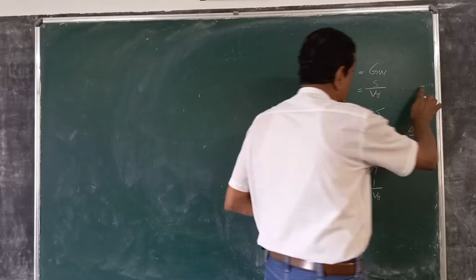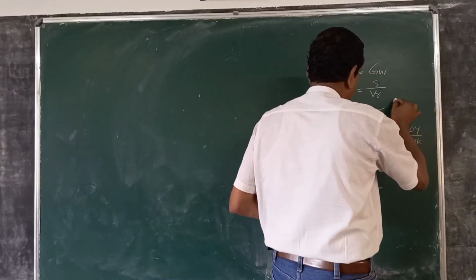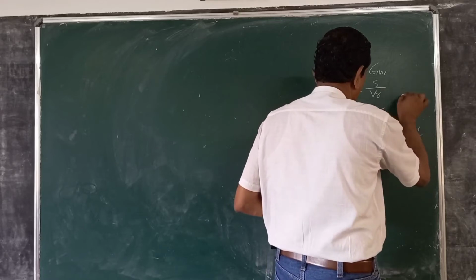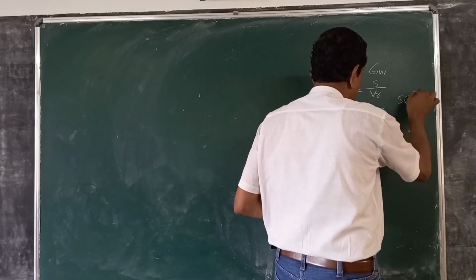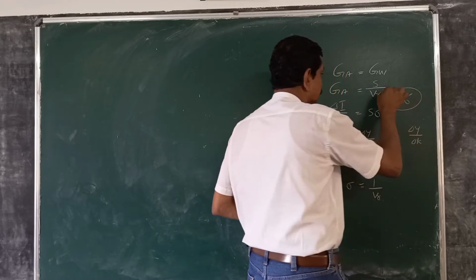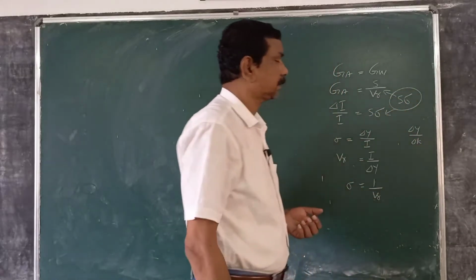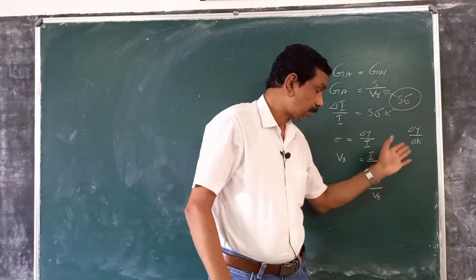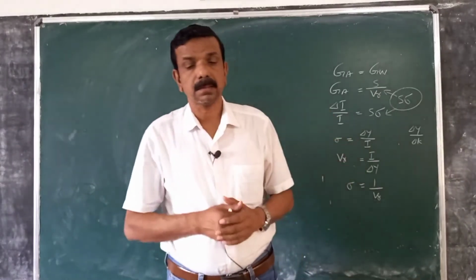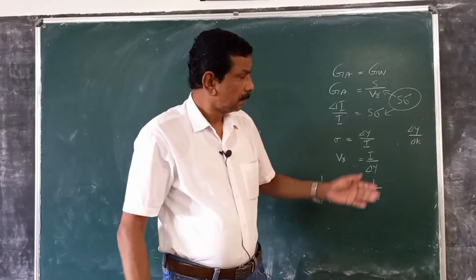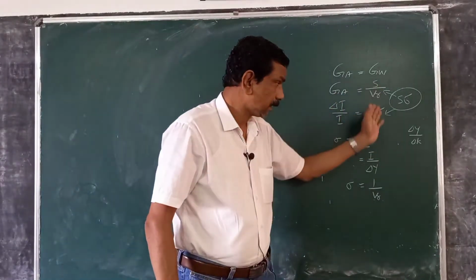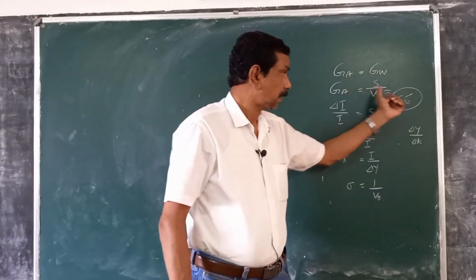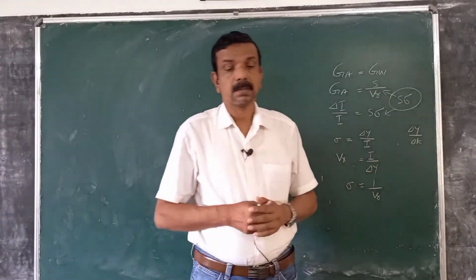So we have the condition for equilibrium growth as S into sigma, where sigma is equal to 1 by V or 1 by VR, and you will get the same equilibrium growth condition in the Harrod model and also in the Domar model.